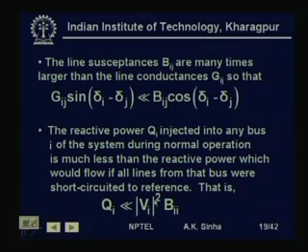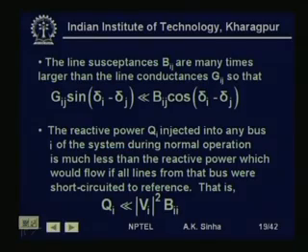It will be the voltage square multiplied by B_ii. So, V_i square into B_ii is what will be flowing when we short circuit that bus to the reference, whereas Q_i, which is the injected reactive power at that bus, is certainly much smaller in normal operating time. So, therefore, Q_i is much smaller than V_i square into B_ii.